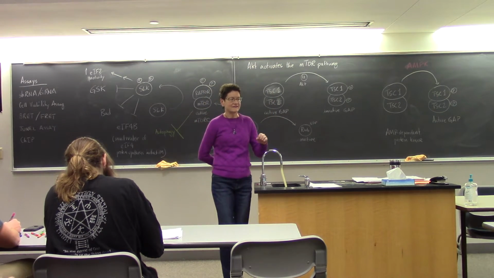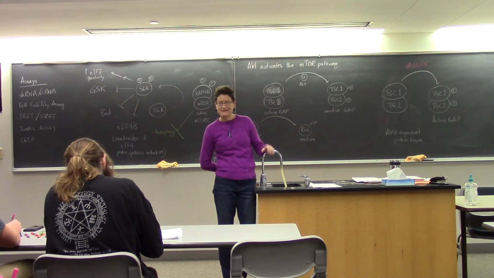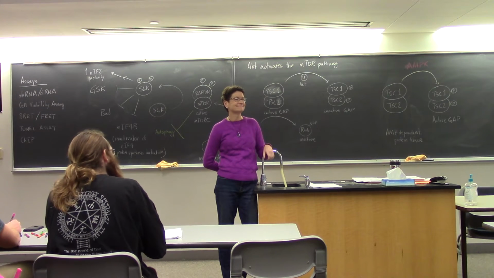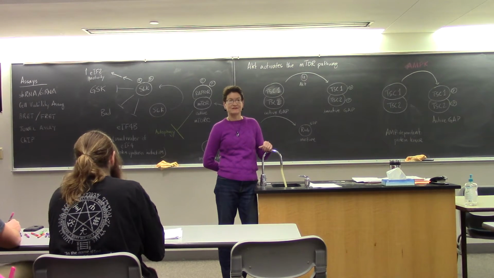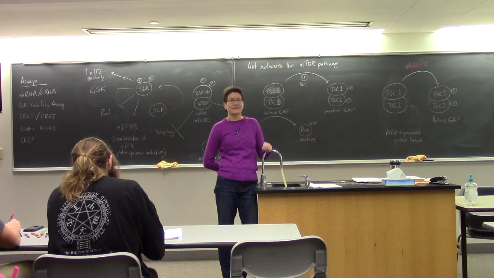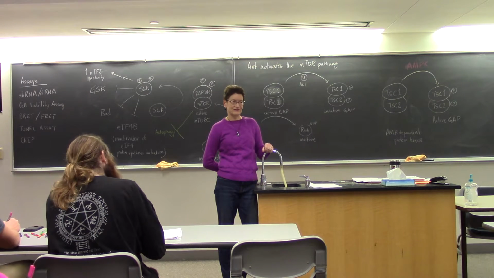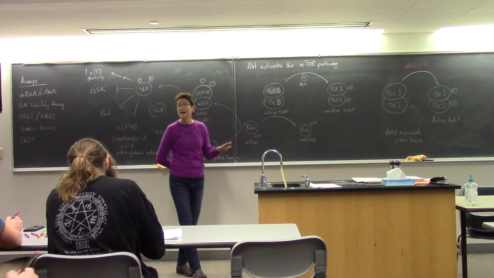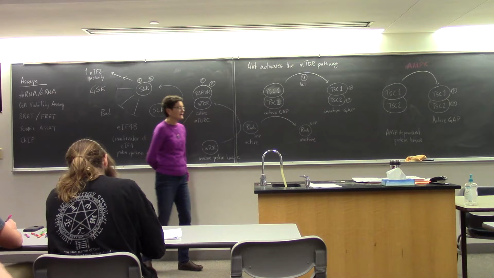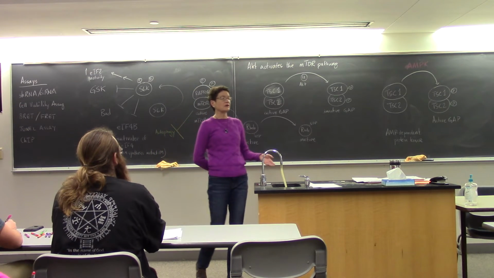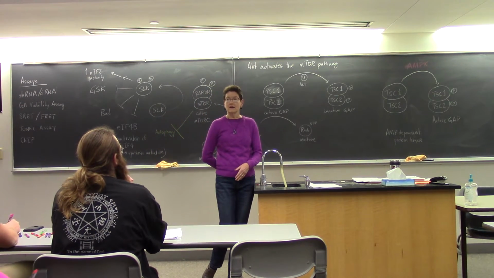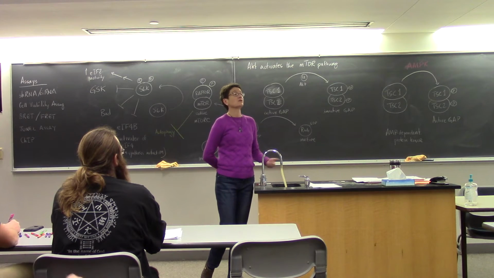So what activates AMP dependent protein kinase? AMP. Where does it come from? If you are using your energy sources, you're kind of running out of your capacity to produce ATP in the cell, the concentration of AMP goes up.